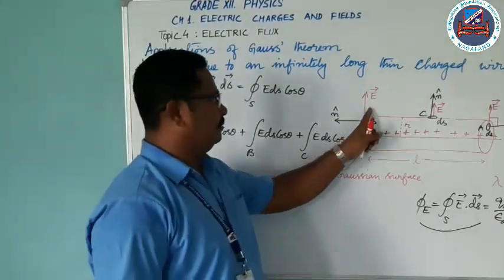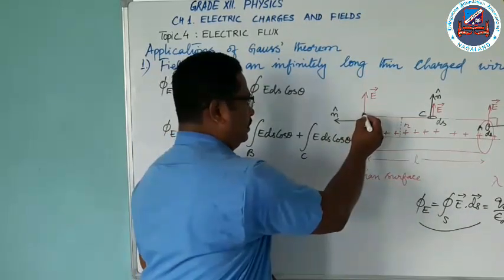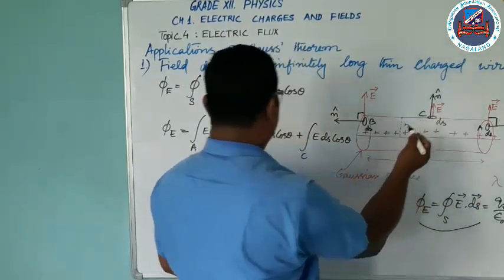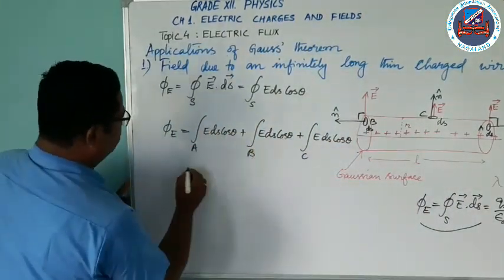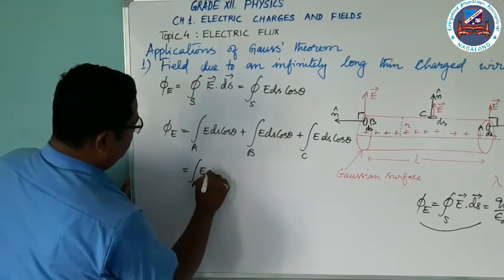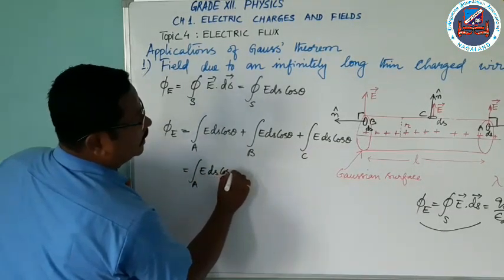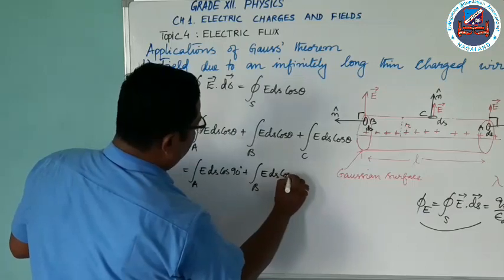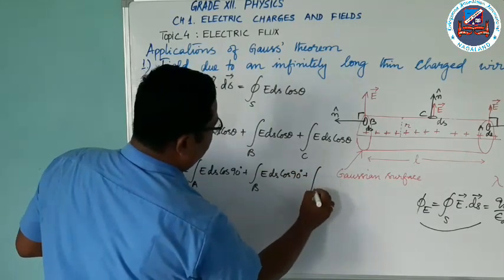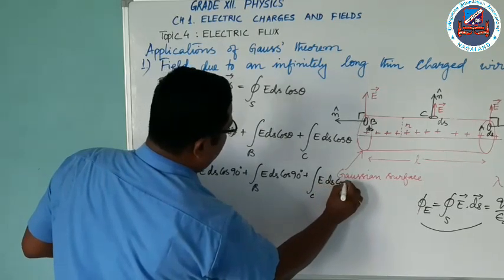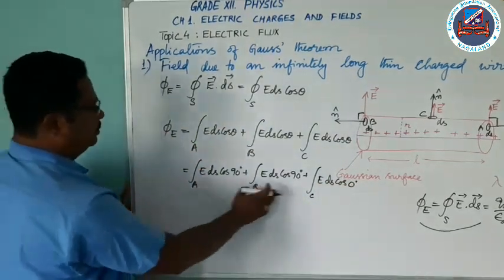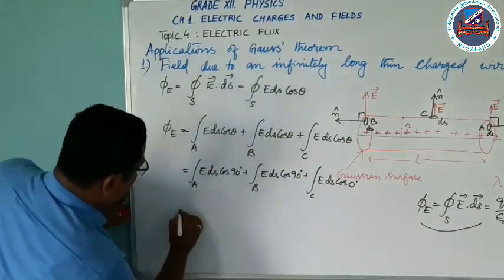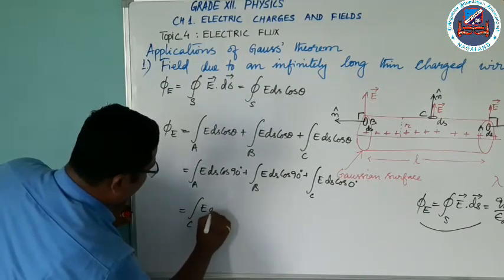The angle between the electric field and the area vector at A and B is 90 degrees, whereas at C it is 0 degrees. At A, E ds cos 90 degrees; at B, E ds cos 90 degrees; and at C, E ds cos 0 degrees. These two values will vanish because cos 90 is 0. The only term remaining will be the one at C, E ds.